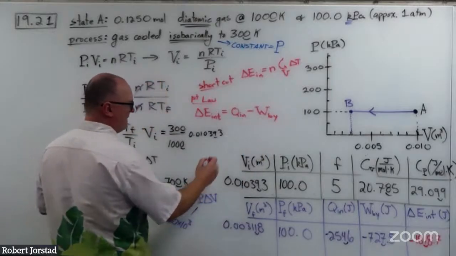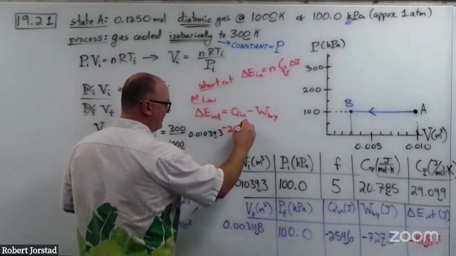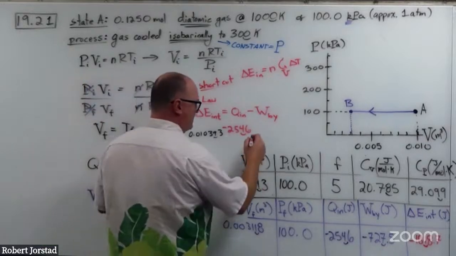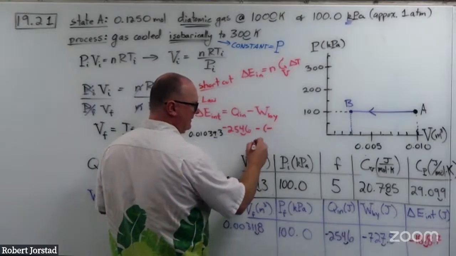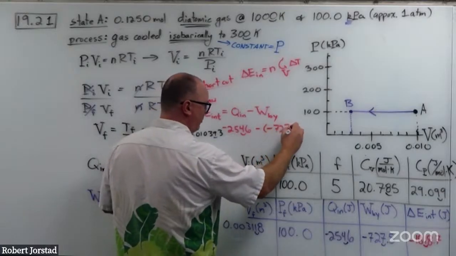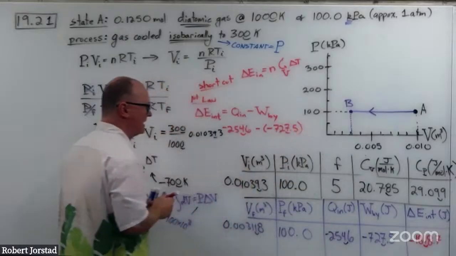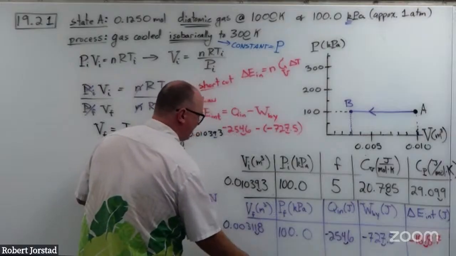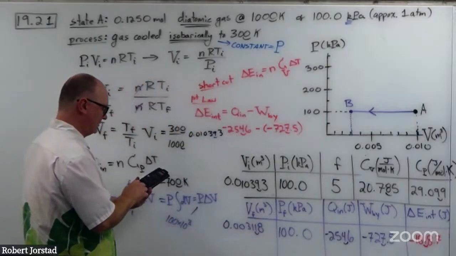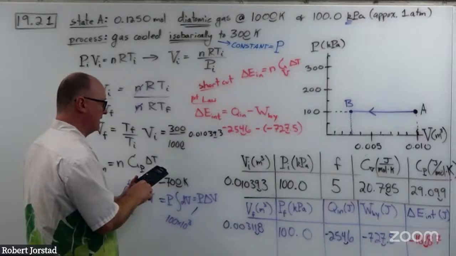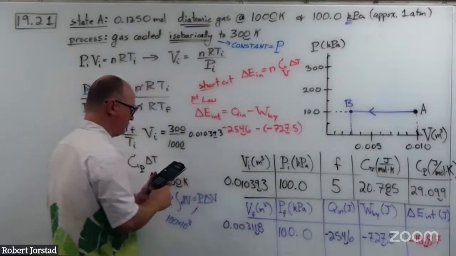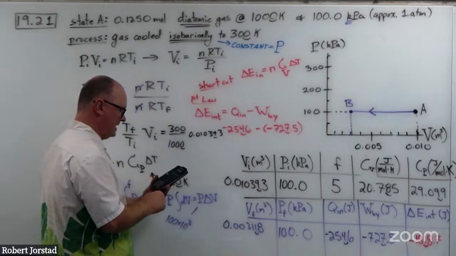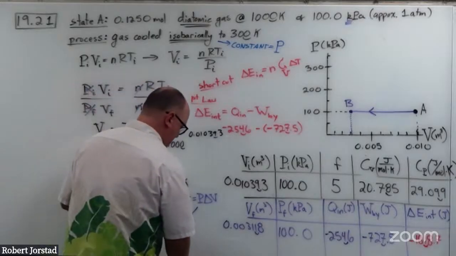So this should be negative 2546, off in the tens column, minus negative 727.5, off in the ones column. So our result should only be good to the tens column when we do the subtraction, right? The worst column. So negative 2546 plus, because minus and negative is plus, 727.5, and I get negative 1818.5.